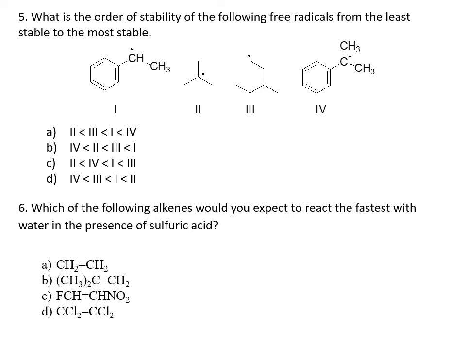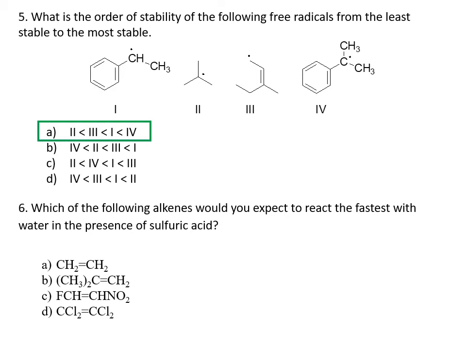So 2 would be the least stable, so A or C are correct answers. And then next in the order of stability is primary allylic, that's 3. So that means A is the correct answer. Least stable is the tertiary free radical, then primary allylic, then secondary benzylic, that's 1, and finally tertiary benzylic, 4.